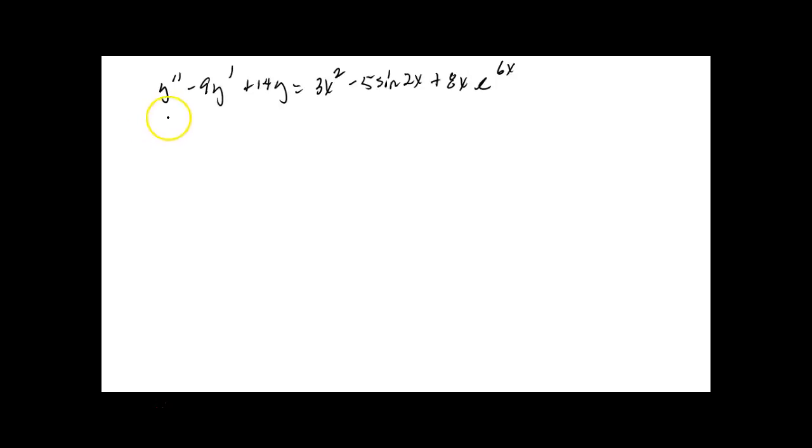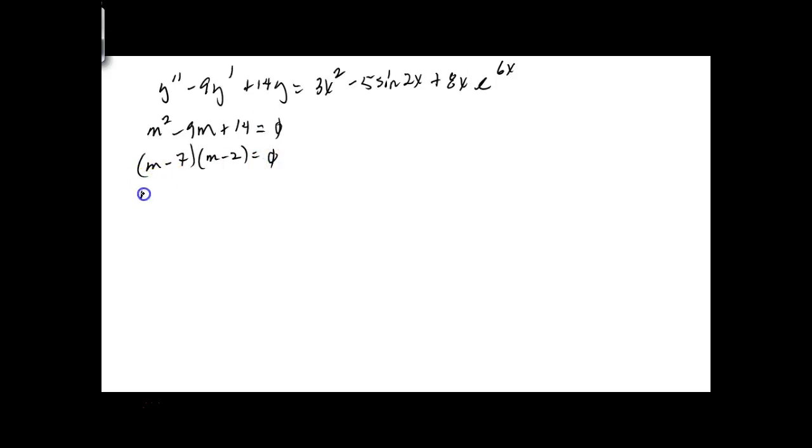x squared, m squared minus 9m plus 14 equals 0. What do you get out of that? m minus 7 times m minus 2. Is that what you said? Right?